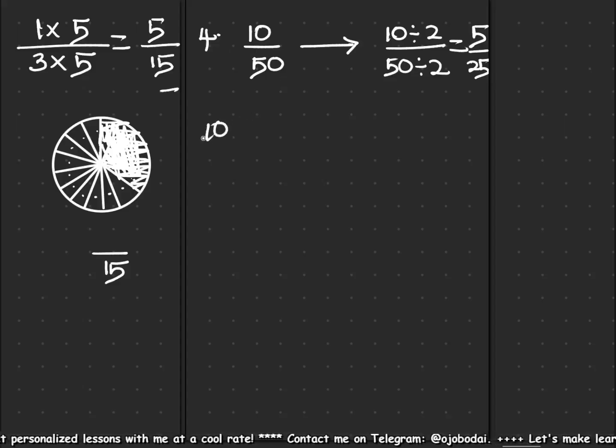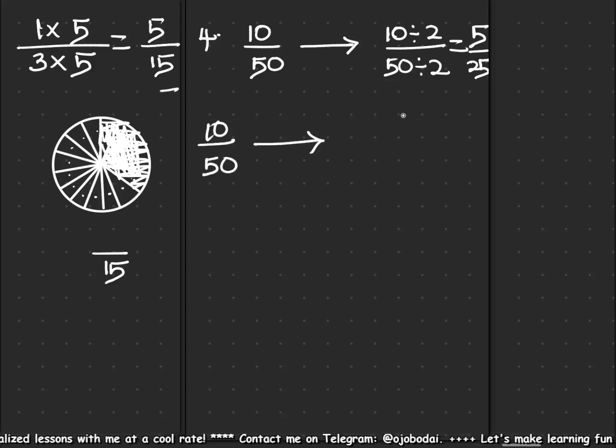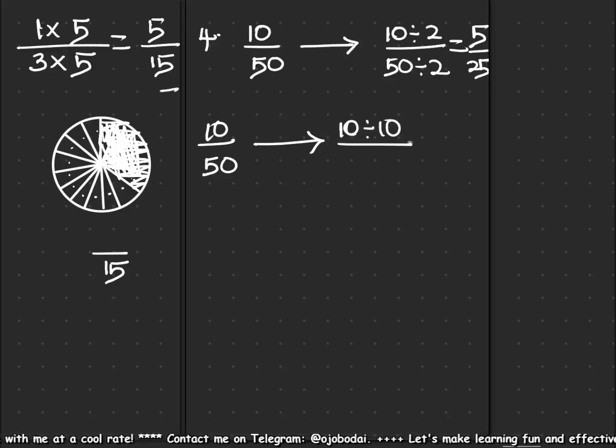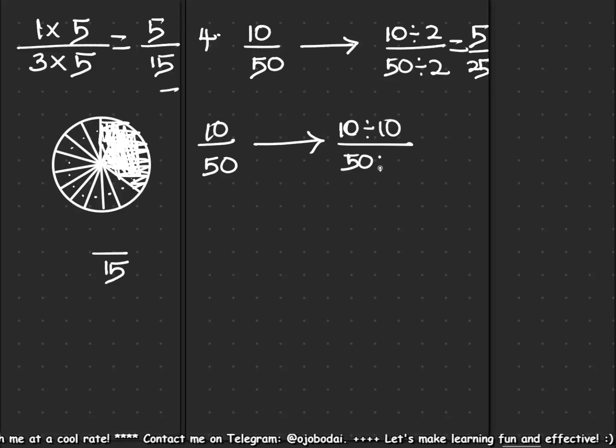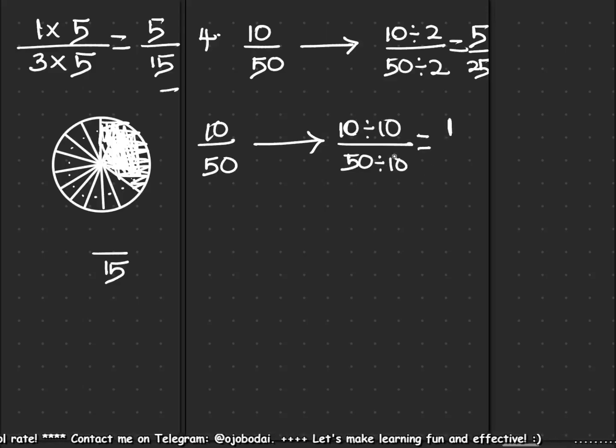The same way, we can also choose to divide by another number. So if we are dividing by, let's say, 10, that is, we divide 10 by 10 and also divide 50 as well by 10. We know 10 divided by 10 gives us a 1. 50 divided by 10 also gives us a 5.